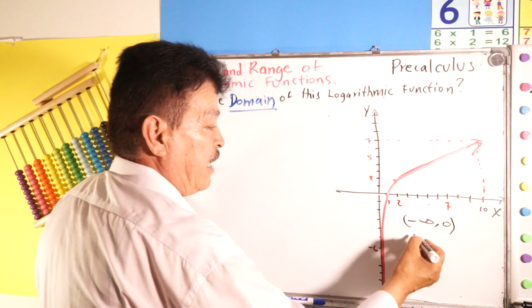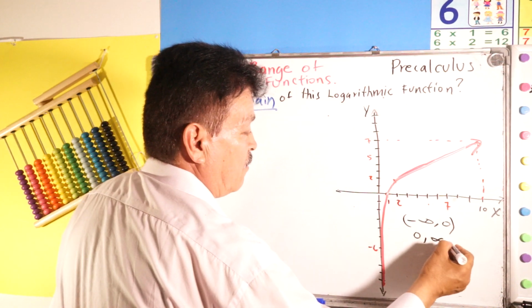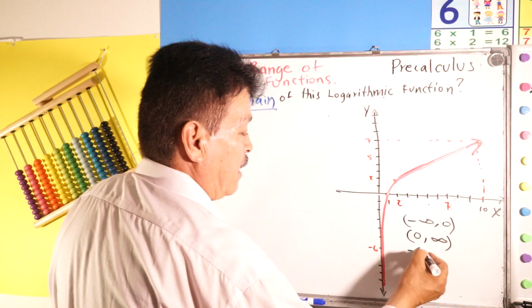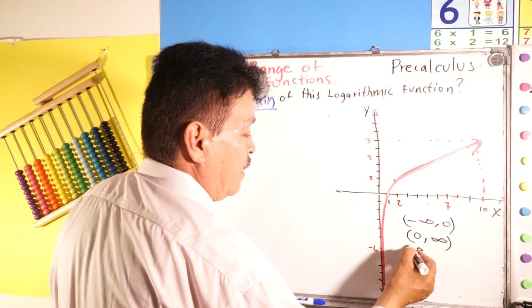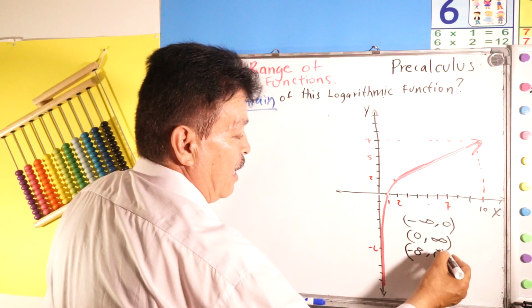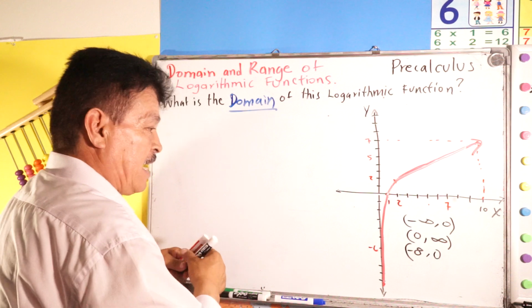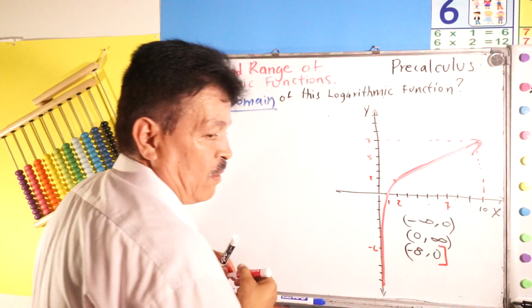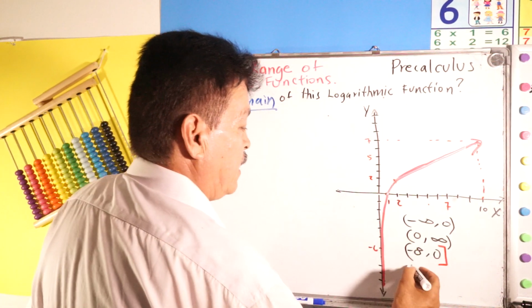So here we have infinity. 0, infinity, and then we have negative infinity through here, 0, and then you see the sign in this way. What is in this way? Okay, so what is in this way?